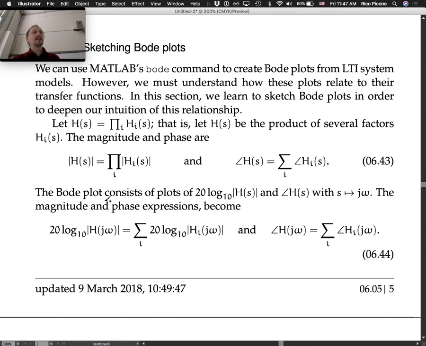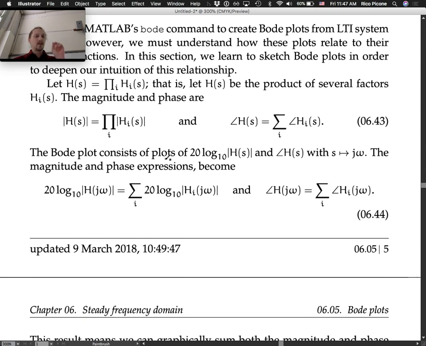So let H be the product of several factors, Hi. The magnitude and phase are the product of the magnitudes and the sum of the phases. For Bode plots, remember, we used the dB definition. If you take the log of a product, you can instead turn it into a sum.